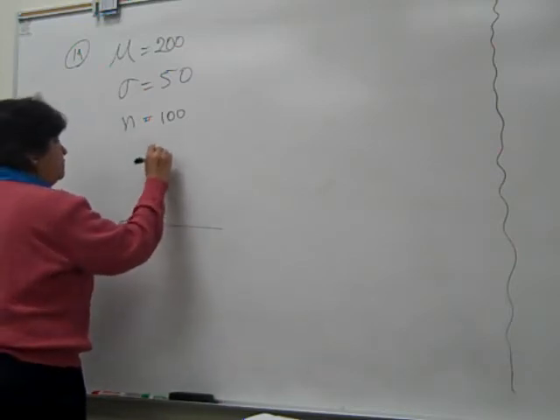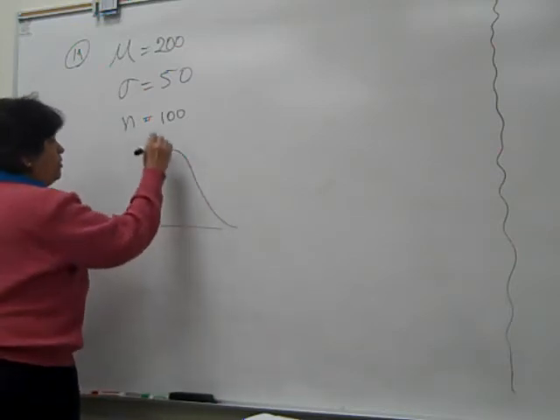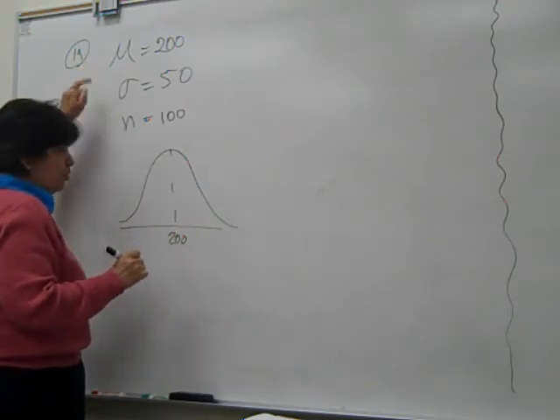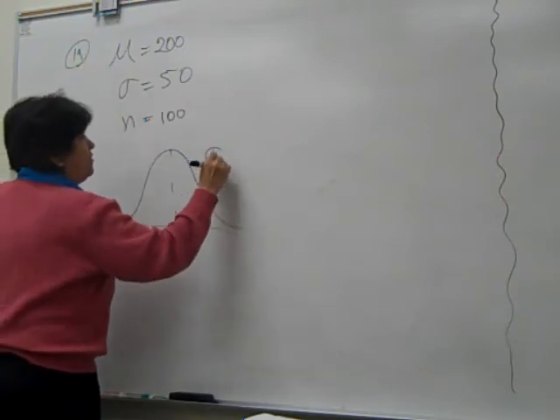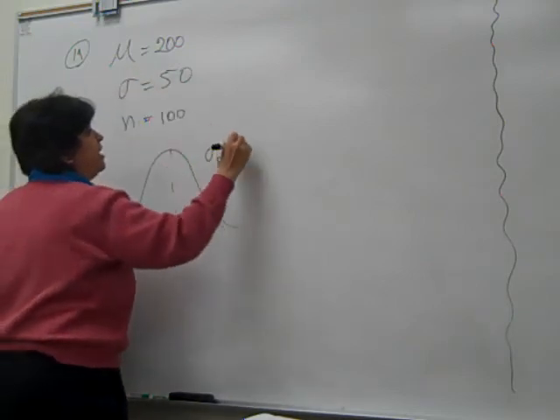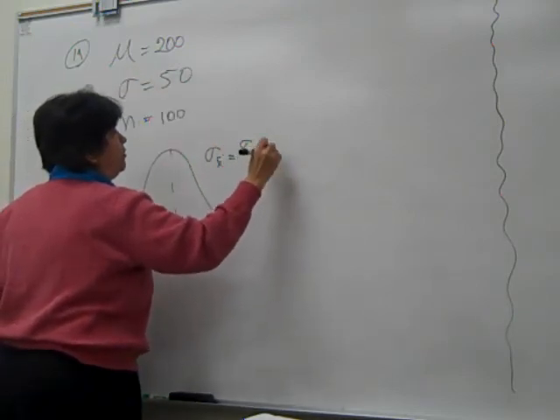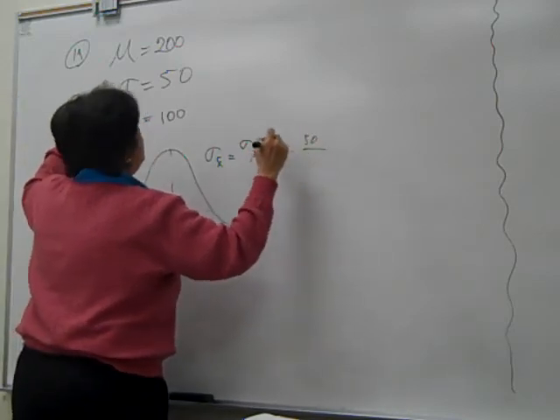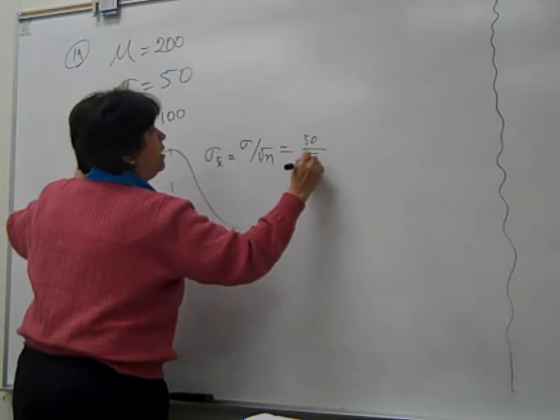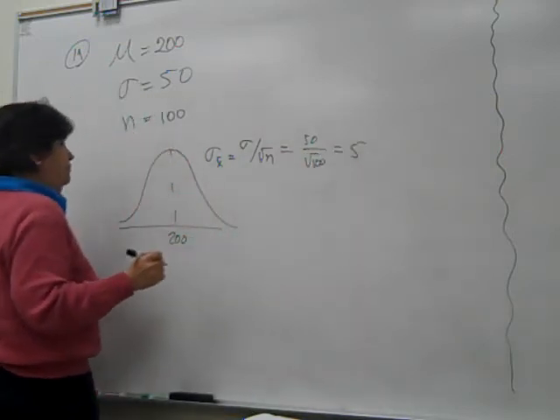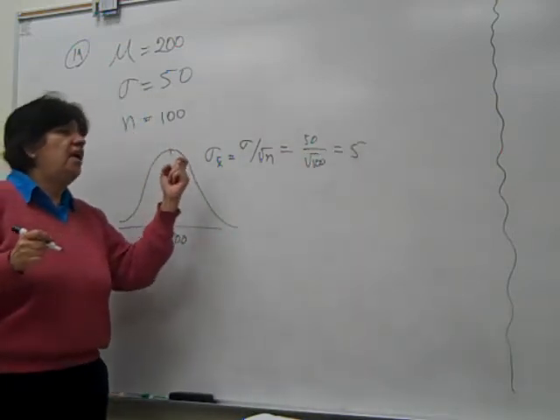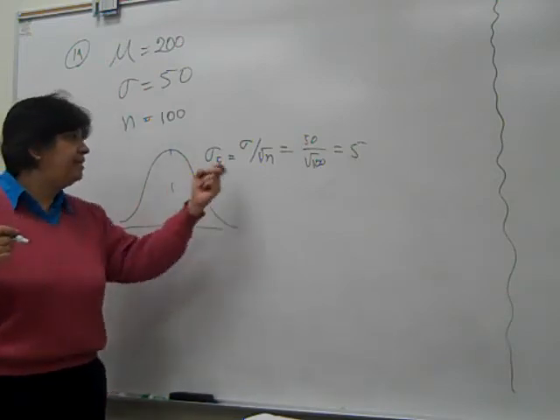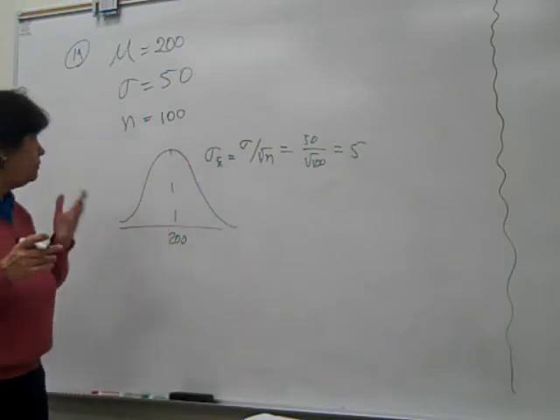I have a normal distribution with the mean equal to the mean of the population, mu, 200, and the standard deviation equal to the standard deviation of the population divided by the square root of n, that is 50 divided by the square root of 100, equal to 5. So we have a normal distribution with mean 200 and sigma 5.